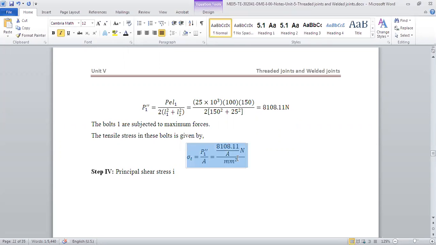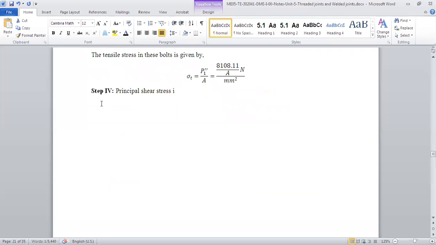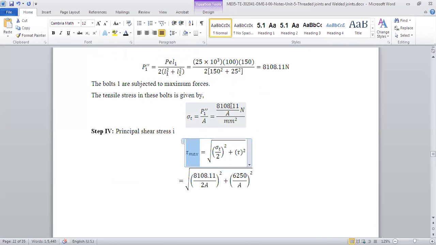So now we know sigma T, the tensile stress, and we know tau, the shear stress. So we'll use the maximum principal stress theory to calculate. Now what is the maximum principal stress theory? It is the square root of (sigma T upon 2) whole square plus tau square. So sigma T we just calculated as 8108.11 upon A, keeping A as it is because we don't know it.